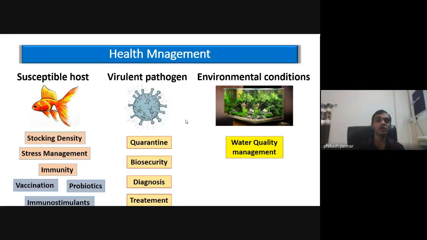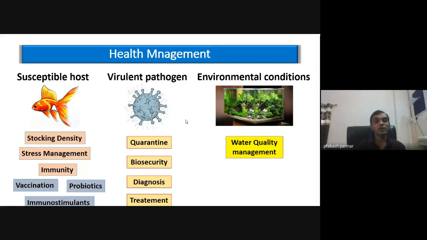First important thing is we have to manage the stocking density. We have to stock fishes as low as possible in the aquarium or in the ponds so that we are managing the stress level of the fishes.